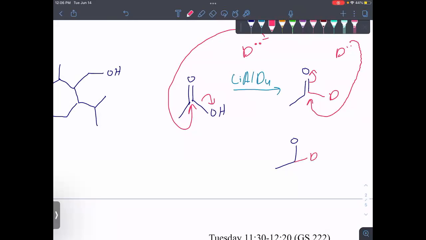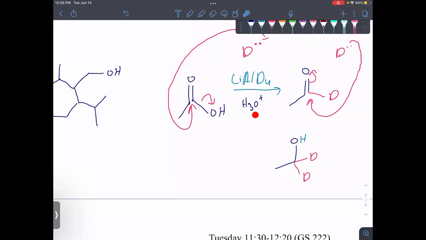But one thing to be careful with is that in the last step, when it turns into an alcohol, this proton up here that makes it an alcohol is still an H, unless told otherwise. Remember what I said about the workup: whether or not it's written, it's there. And if it's not written, you can assume it's just H3O+ as the second step, because the workup was done by H3O+ and the H is not a D. So the actual reducing agent has nothing to do with protonating the alcohol.